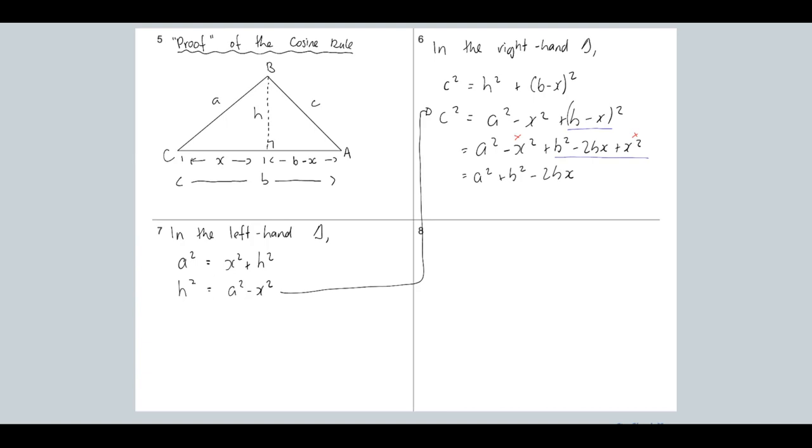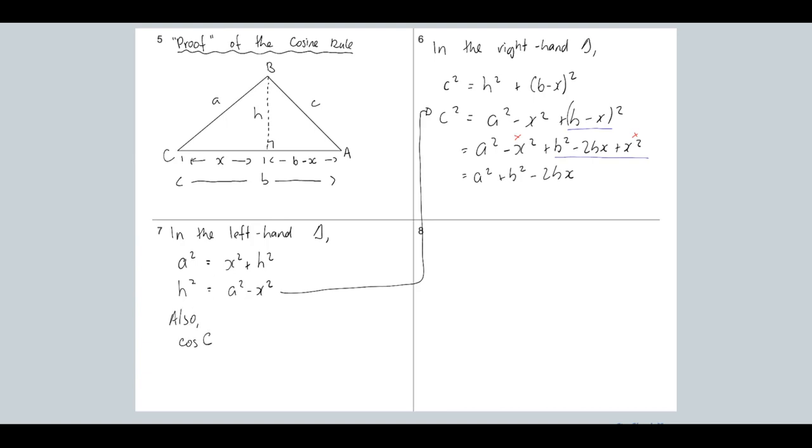Can you start to see that there's a little bit of the cosine rule coming out here? I've got the a squared plus b squared, I've got the 2 and the b, but I've got this x. If I can get rid of the x, then I'm going to have my cosine rule. If we look at the left-hand triangle again, I can work out an expression for x.